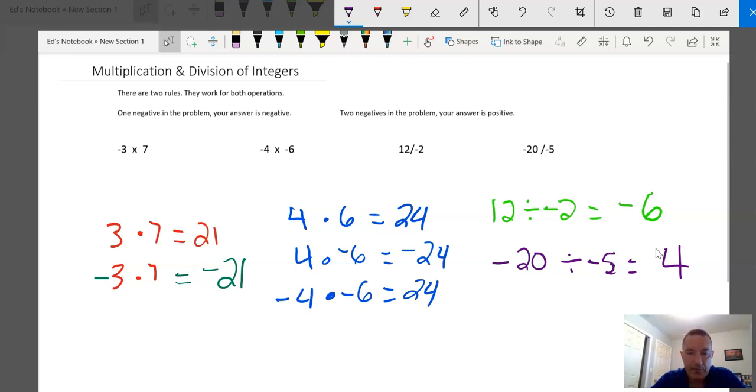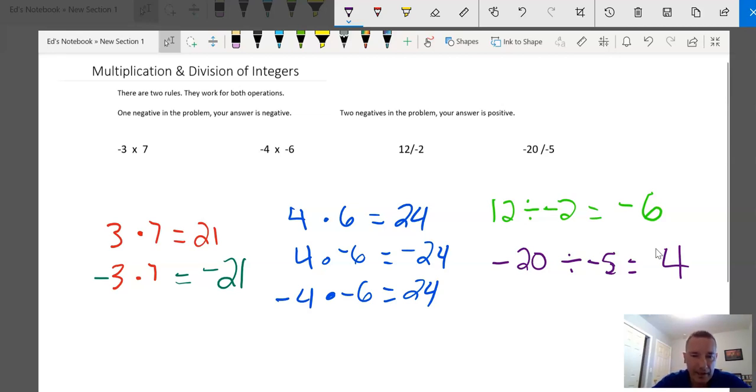Now, you should know that these two rules are part of a much larger set of multiplication and division rules, but it'll apply for division too. And I'm going to tell it to you just so you have the idea, but for most, when you're introducing these integers, this will be good enough. But here's the larger rule.